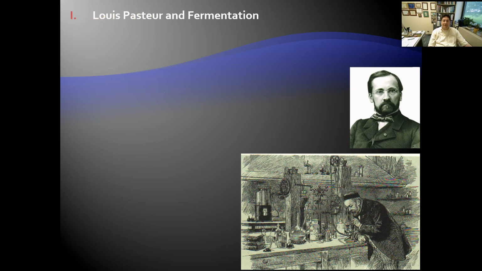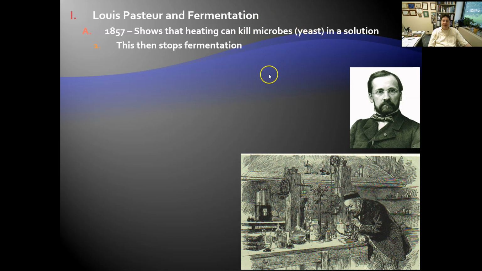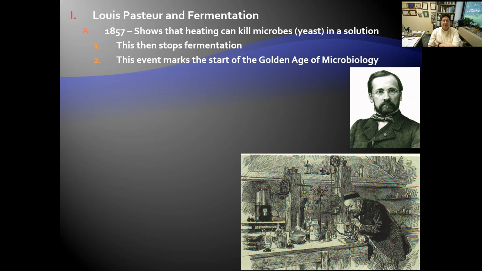One of the things Louis Pasteur did early on, in 1857, was show that if you heat a mixture to a hot enough temperature for long enough, you will kill the microbes, the yeast in that solution, and by killing the microbes, you stop fermentation. So he showed that it's the microbes that cause the fermentation. It's not that the fermentation attracts microbes. The microbes are the cause, the source of the fermentation. This event marks the start of that golden age of microbiology.